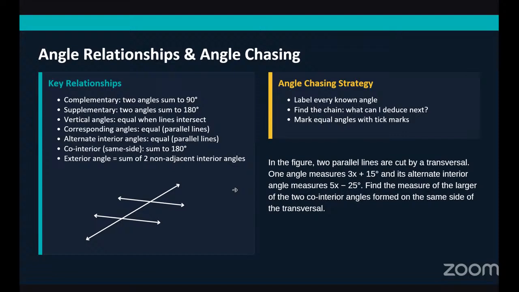Okay, so the question asks, when there's two parallel lines cut by a transversal, so basically what we have drawn on the left, one angle measures 3x plus 15 and its alternate interior angle measures 5x minus 25. So first, let's draw the transversal and the parallel lines. It'll look like this, and then one angle.